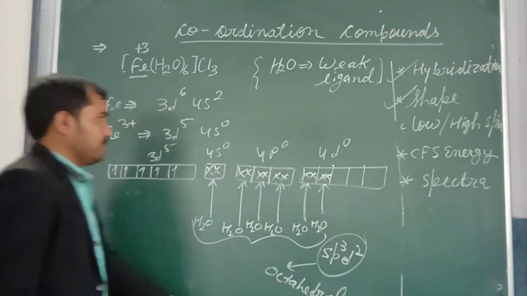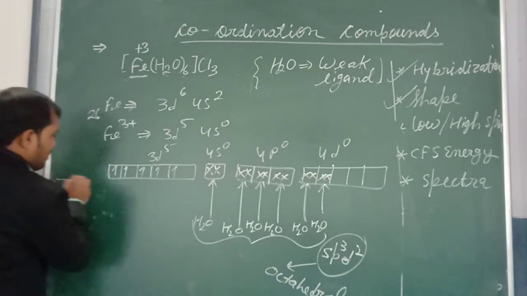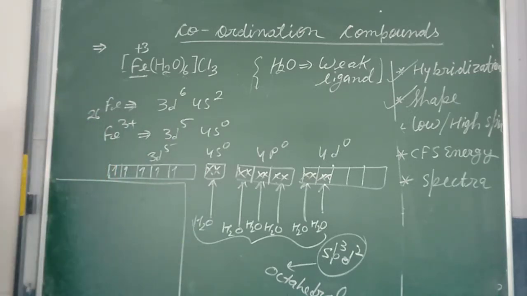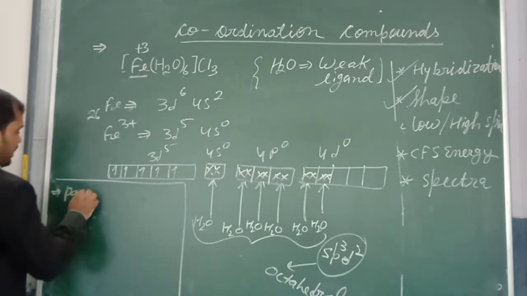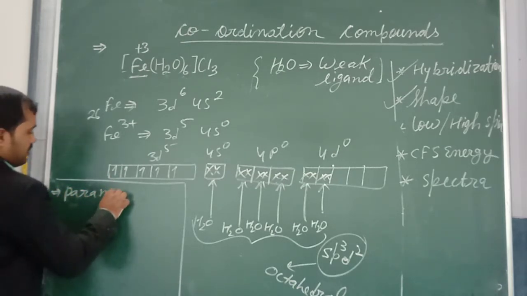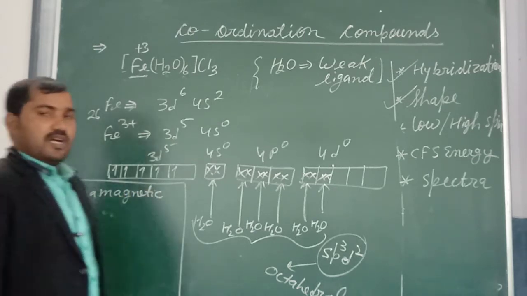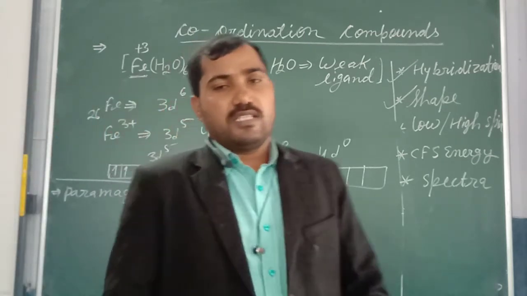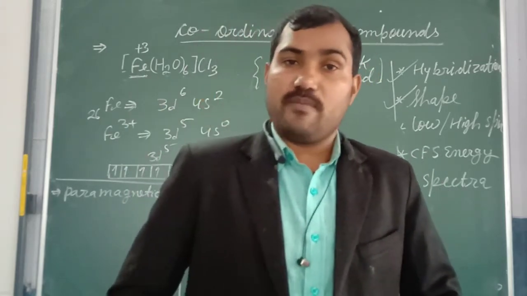Understood? Now see this. What happened here? Unpaired electrons. So this is paramagnetic. Dear students, if an unpaired electron is present, then the system is said to be paramagnetic. If no unpaired electron, then diamagnetic.